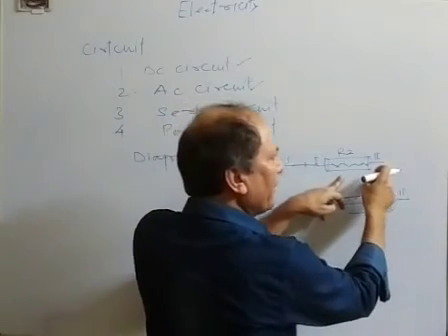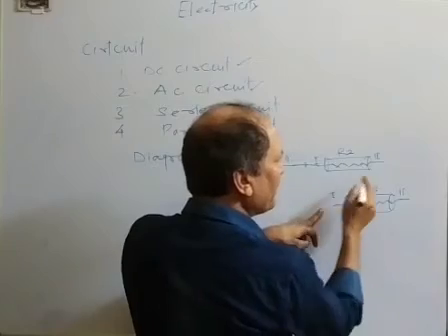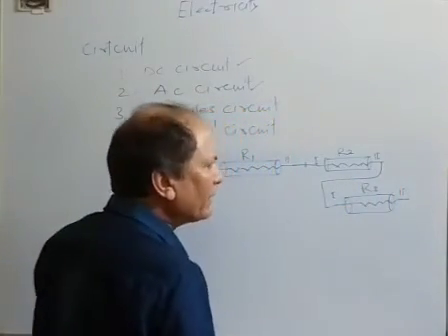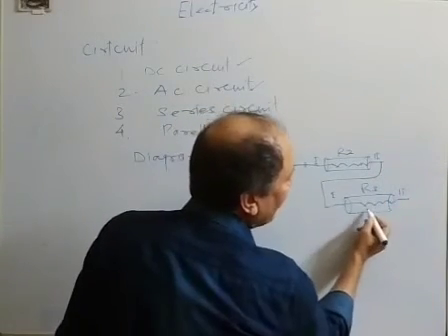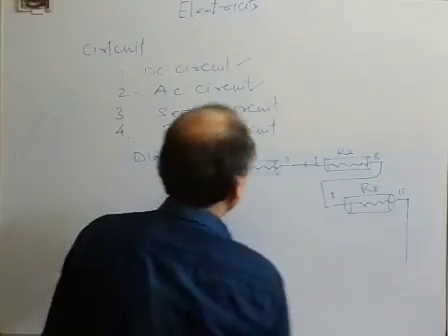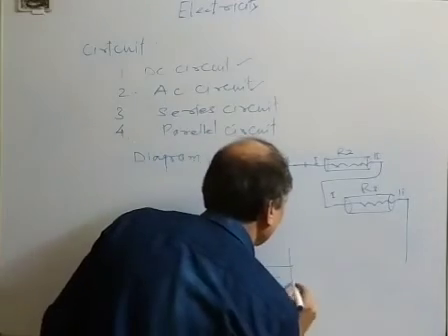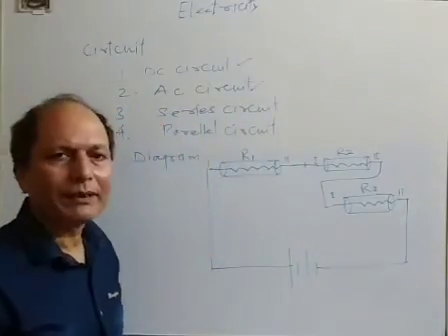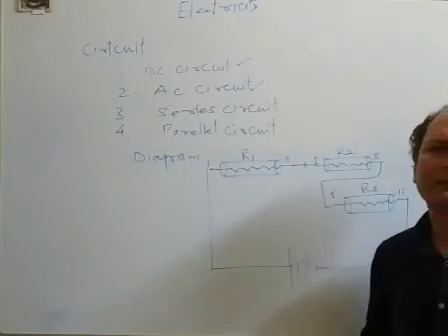Now, second terminal of second resistor is connected with first terminal of third resistor. And after third there is no resistor, so it means it is the last. So second terminal of last resistor and first terminal of first resistor are connected with electric source. Such type of pattern of resistors is known as series circuit.